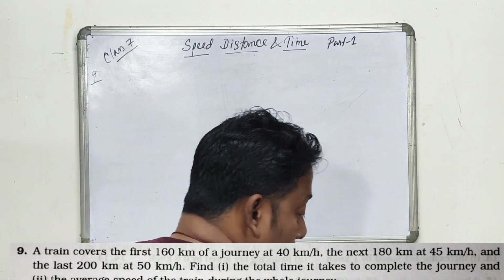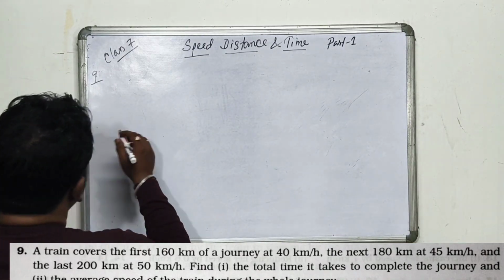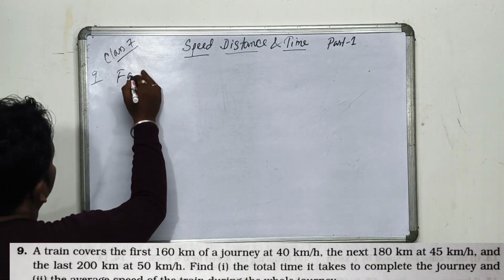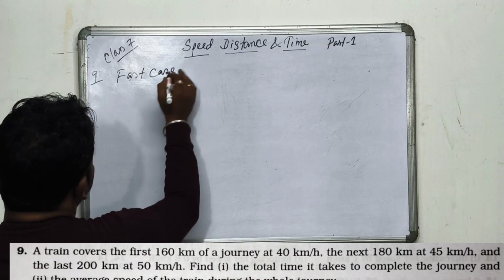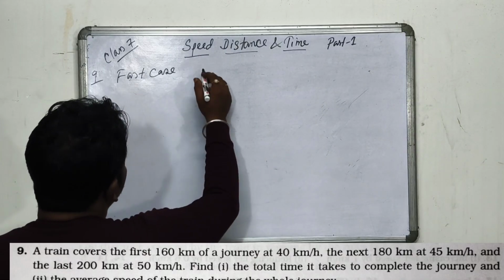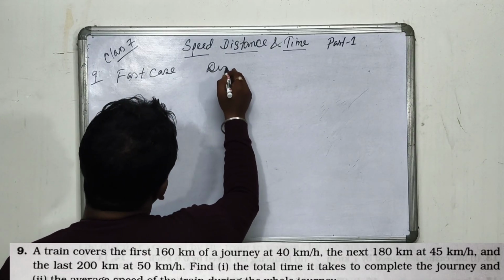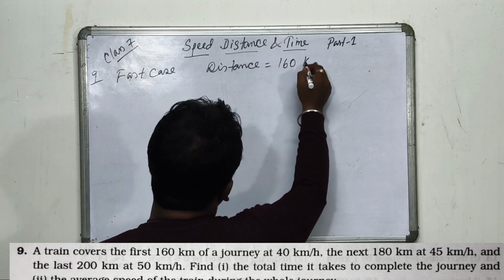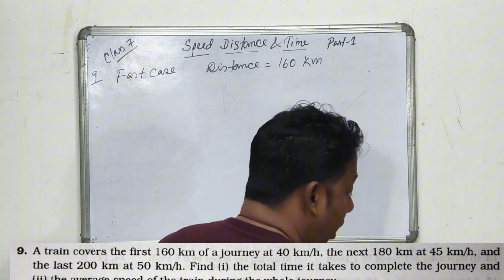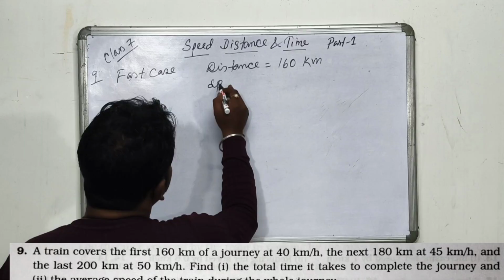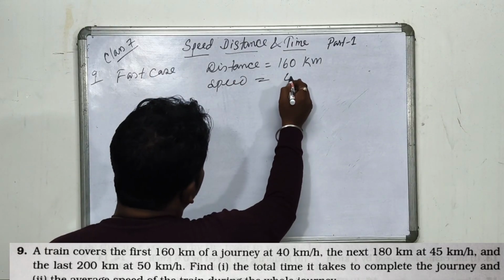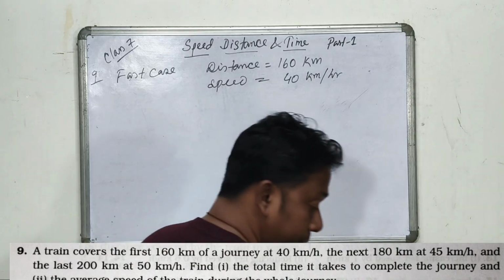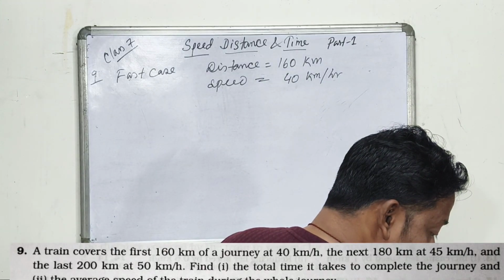That means there are 3 cases here. First case, distance is given, 160 kilometers, and speed is given, 40 kilometers per hour, right?